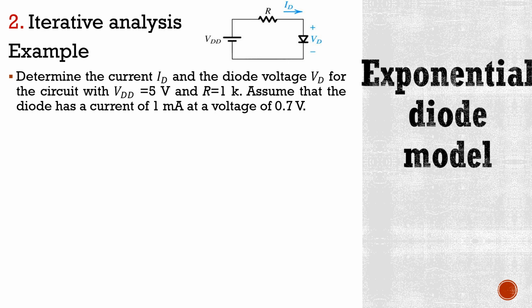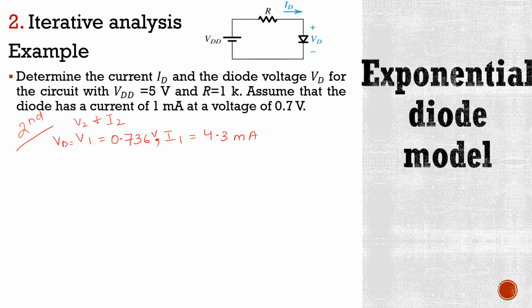Now we will start our second iteration. It will proceed in a similar manner. For the second iteration, the previously obtained values of V2 and I2 will become V1 and I1. So the value of V1 in this iteration will be 0.736 and the value of I1 is 4.3 milliamperes.